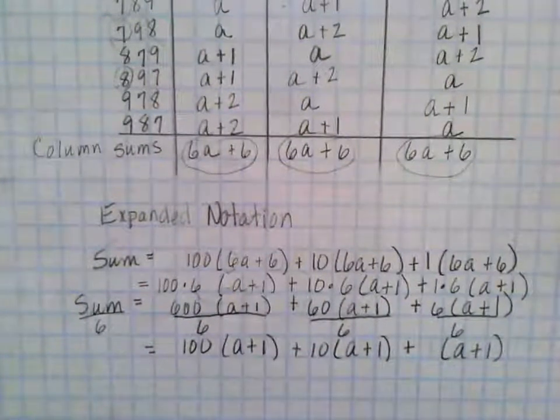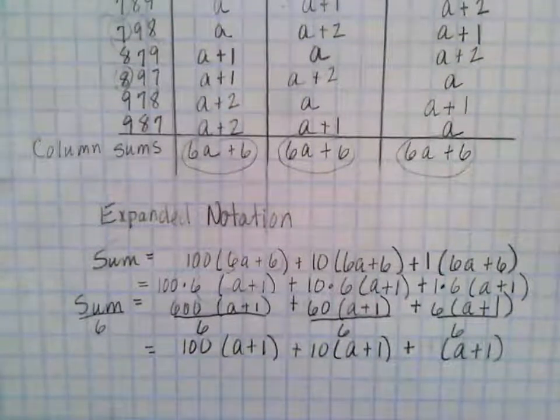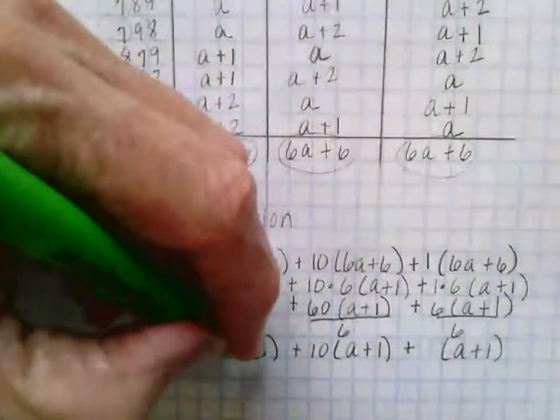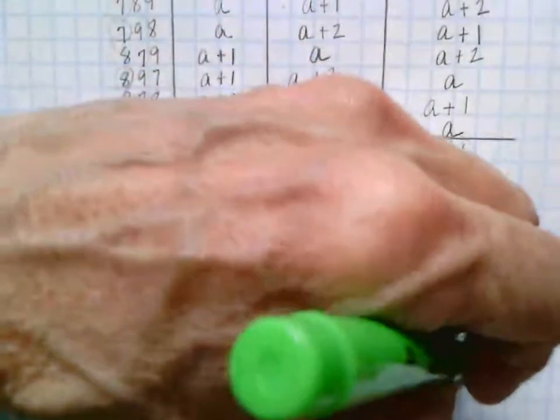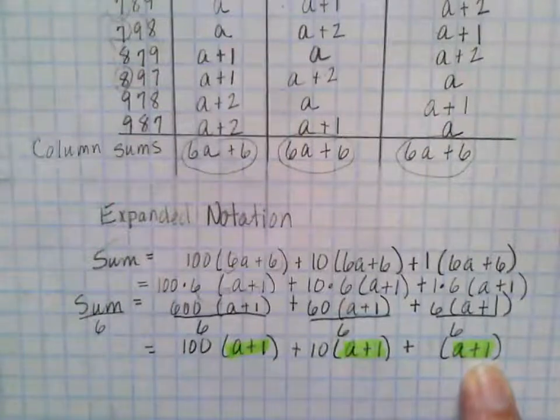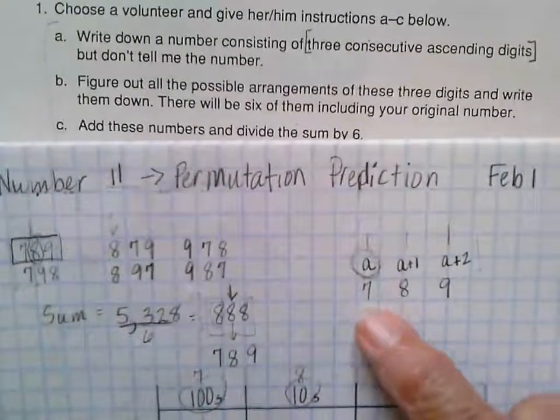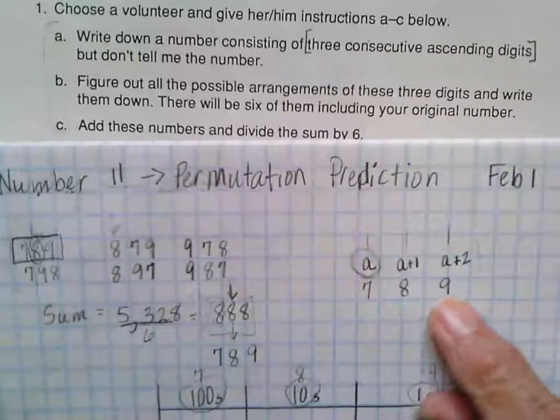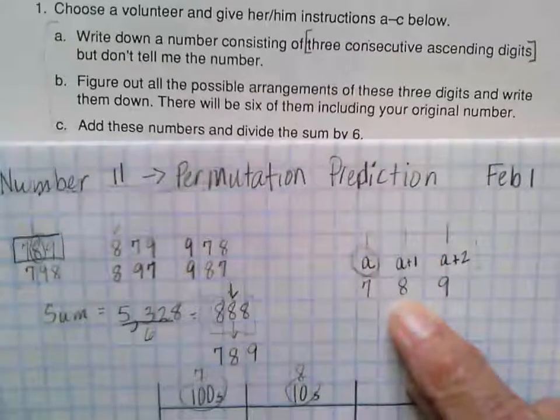So you can see that in every single representative of the place value, I have a repeating digit. And that repeating digit is always going to be a plus 1. And when we look back at when we first assigned the expressions to each of the digits, you can see that a plus 1 is always going to be your middle digit.